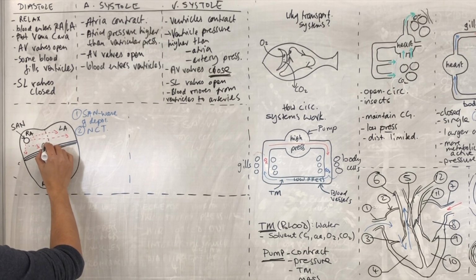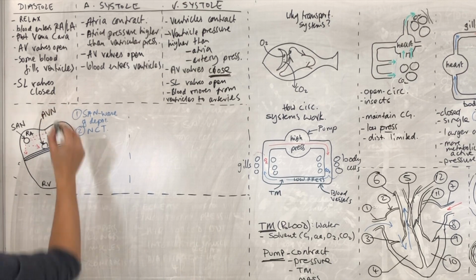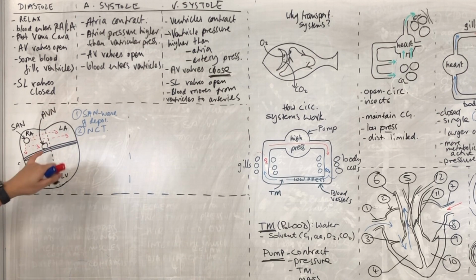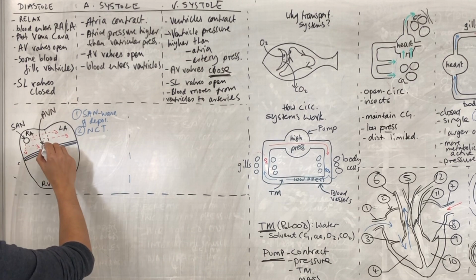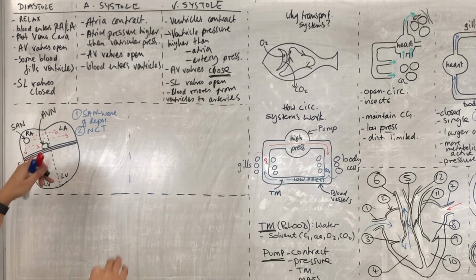the atrioventricular node, which is also around about on the right atrium, does get hit by that initial wave of depolarization. It's not protected by the non-conductive tissue.